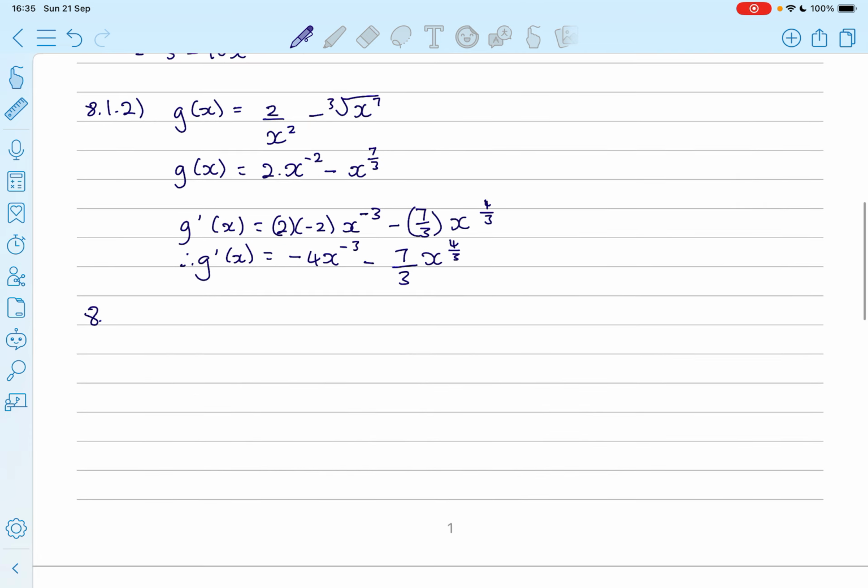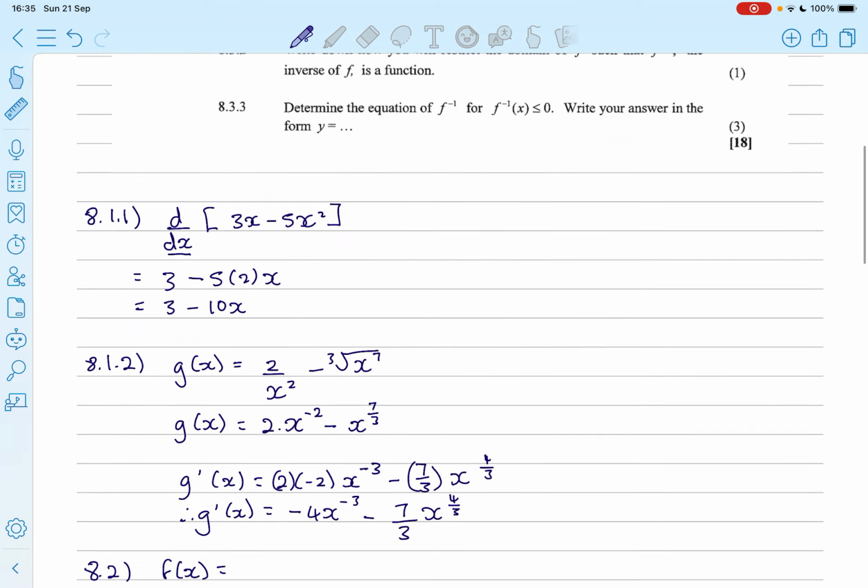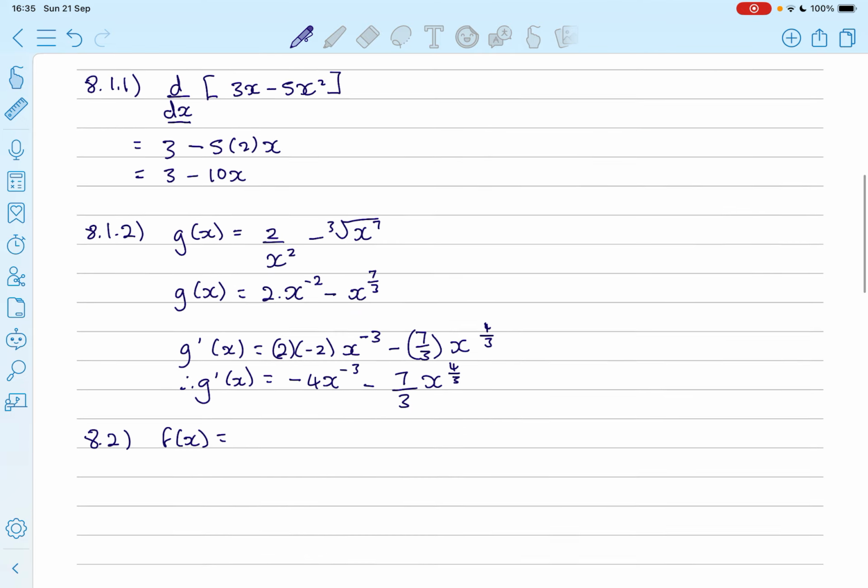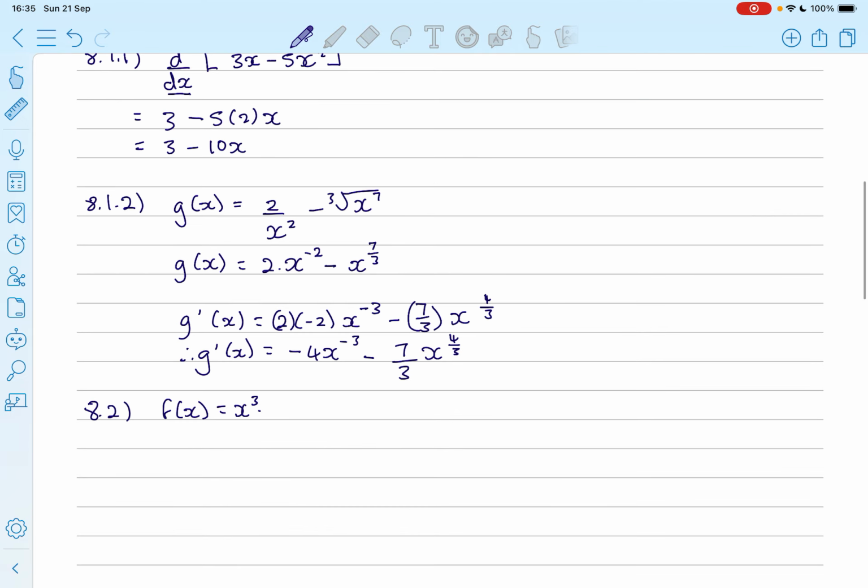So we're looking at 8.2. Our function is equal to x cubed minus 4x squared plus 2x plus 3.